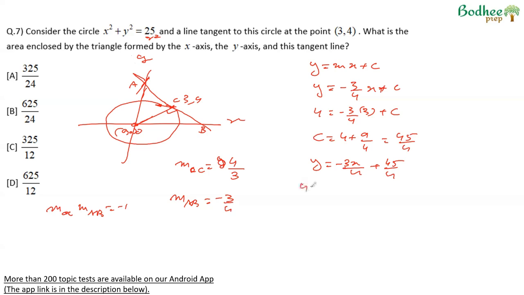Multiply by 4: 4y plus 3x is equal to 45. This becomes the equation of the line. What will be the x-intercept therefore? If we put y is equal to 0, we will get x as 45 by 3, which is 15. What will be the y-intercept? If we put x as 0, we'll get y as 45 by 4. And therefore this base here becomes 15. This height here becomes 45 by 4.